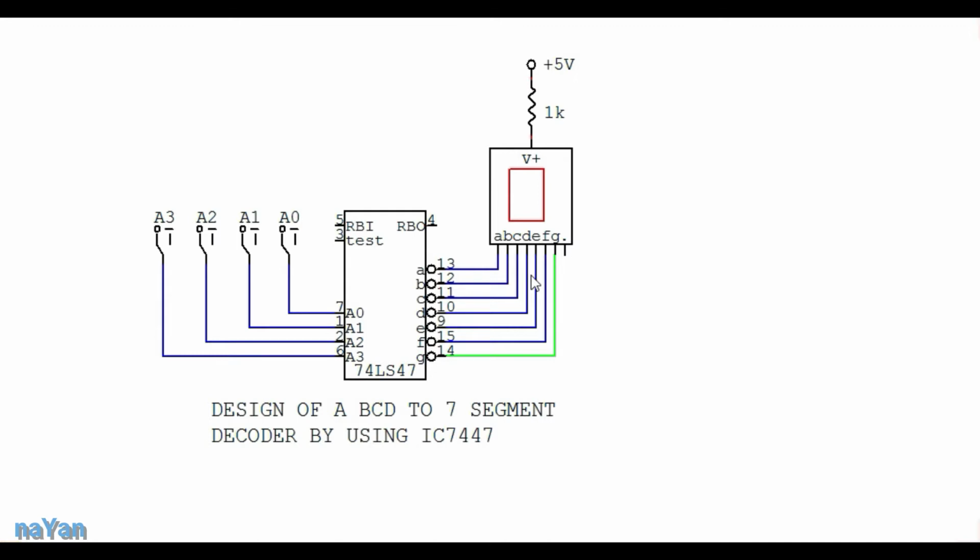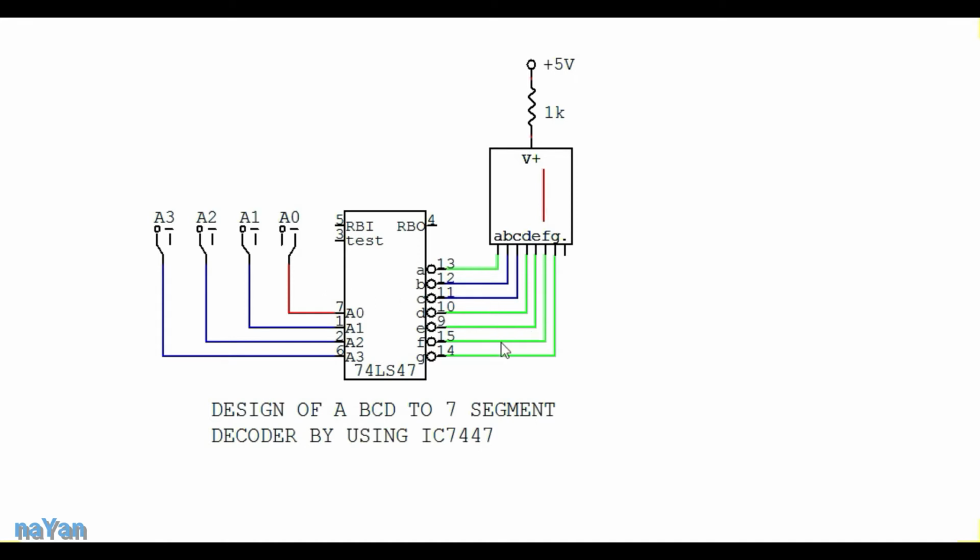and straightforward. When we start the simulation, we provide 0 0 0 0 input, so we get 0 on the 7 segment display. Now I just change my input to 0 0 0 1. So when we use 0 0 0 1 as BCD input, here we have 1.